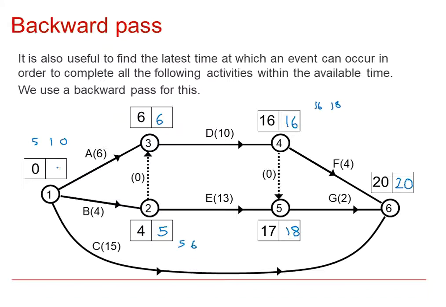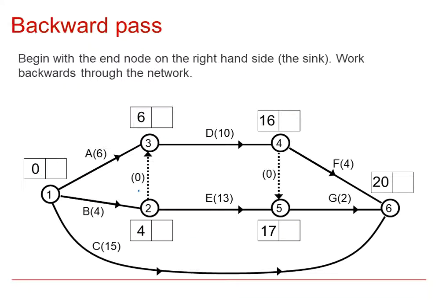So the latest I can start the project in order to do A and B and C is 0. I go for the smaller option. If I put 5 in here, I will not have anywhere near enough time to complete A within the 6 units or B within the 5 units. So you'll go for the smaller option, the 0, and it should match the latest start time. So there's the backward pass.